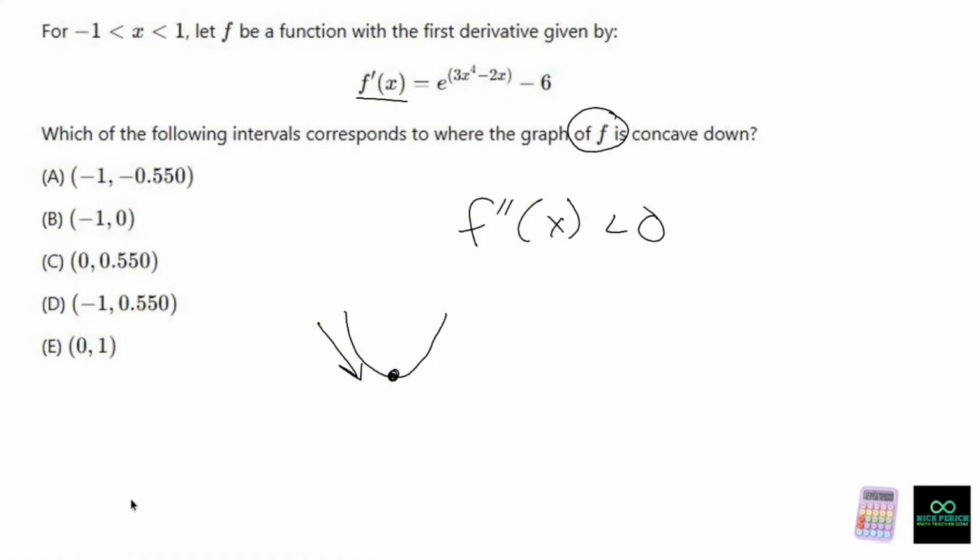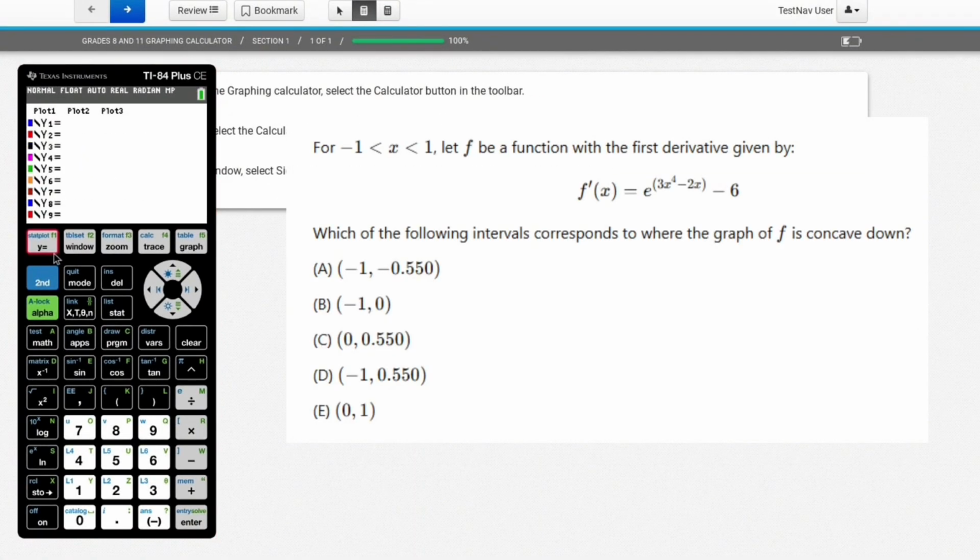So let's do that. All right, so let's graph the derivative. That was e to the stuff. So e to the stuff is second ln. That stuff is 3x to the 4th minus 2x. So 3x to the 4th, minus 2x, and then minus 6.